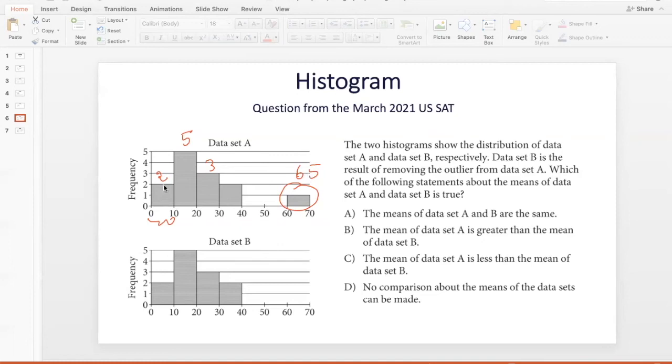Because you have two values between 0 and 10, 5 values between 10 and 20, and so on. So this is much greater than the values, and it will pull the mean to the right. So the mean of data set A would be greater than the mean of data set B. You can, of course, calculate the exact mean by taking some values, but you don't need to, because just the fact that this 65 is to the right of the data set would mean that the mean is also pulled to the right. So B.